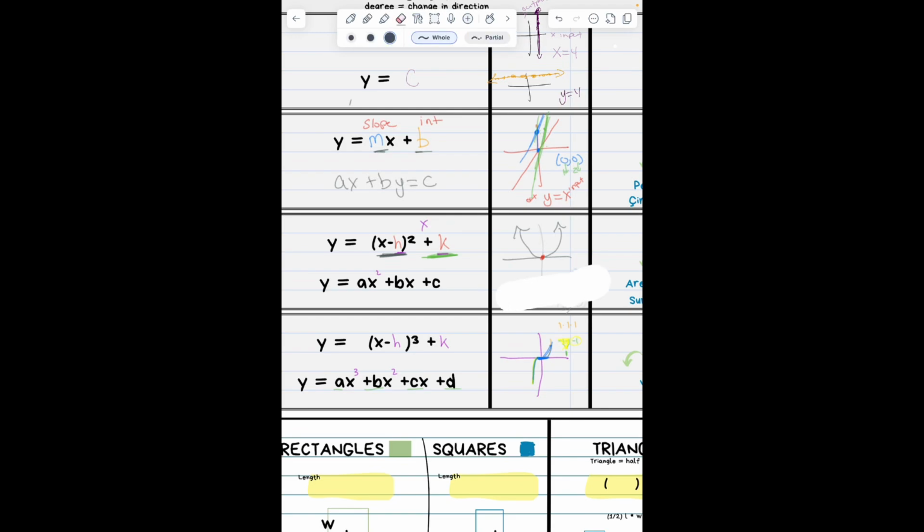Let's clean this up a little bit. When I have the equation y equals x minus 3 squared plus, let's do 2, to graph that easily. What I'm saying is right here in the parentheses is my code for left, right, and on the outside is the code for up, down.